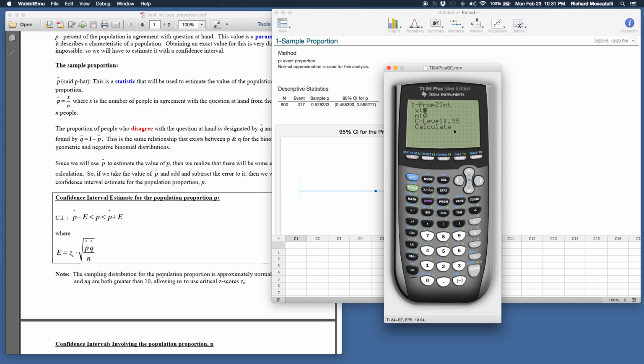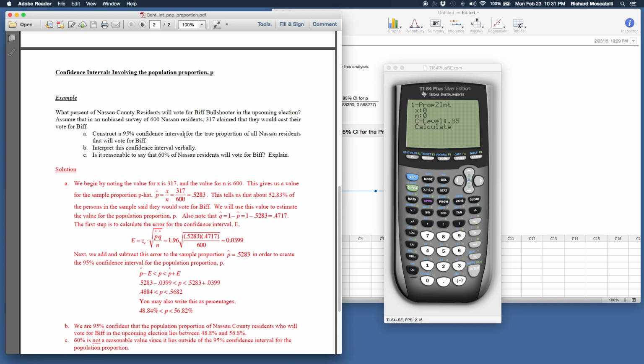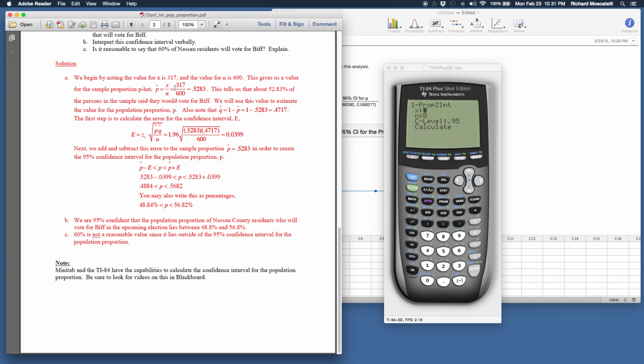And it's real basic what it's asking you. What's x and what's n? And that's handed to you in this question. So in this question here, x was 317, and then n was 600. So in other words, 317 people said, yeah, we're going to vote for Biff, out of the 600 people.